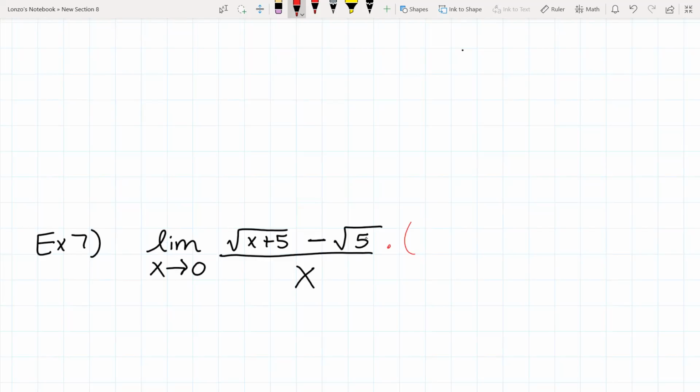The conjugate of the numerator is square root of x plus 5 plus radical 5, right? It's just the opposite sign. When you think of conjugate, just think of the opposite sign. So do it on the bottom as well.